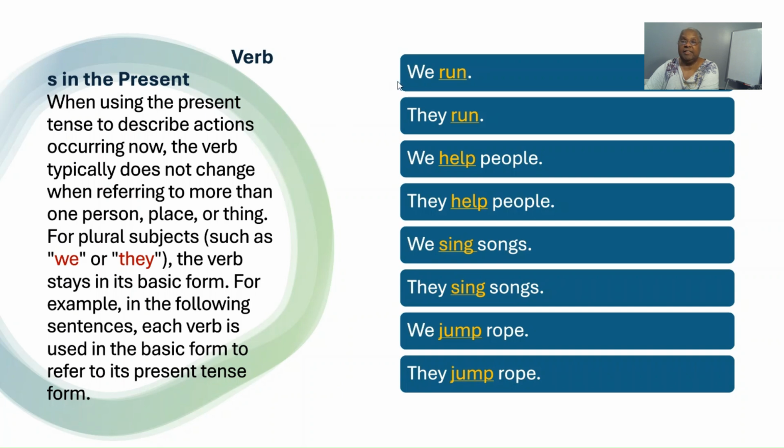Let us read the sentences together. Ready? Let us begin. We run. They run. We help people. They help people. We sing songs. They sing songs. We jump rope. They jump rope.